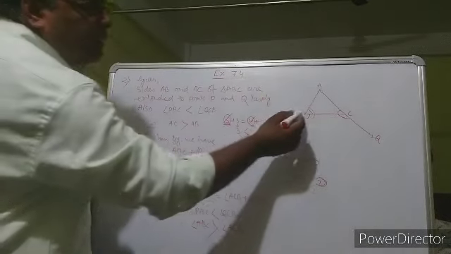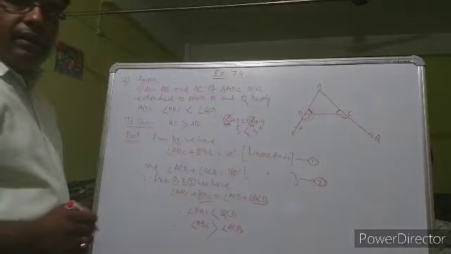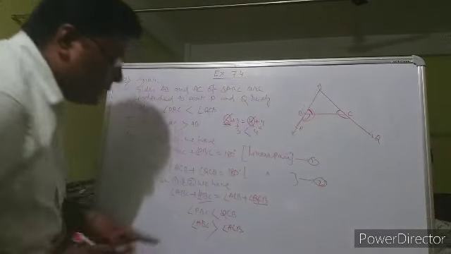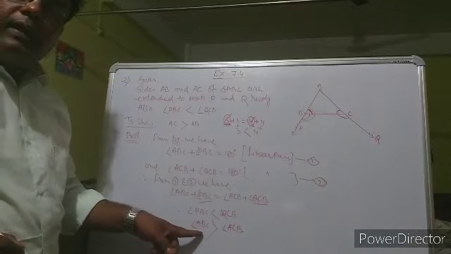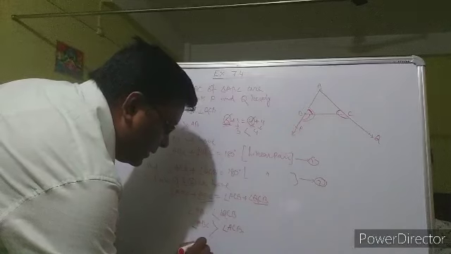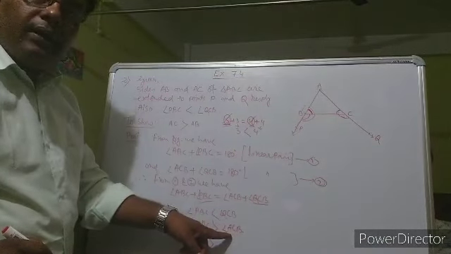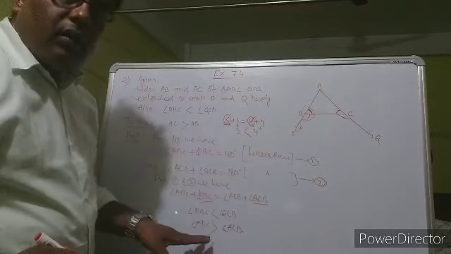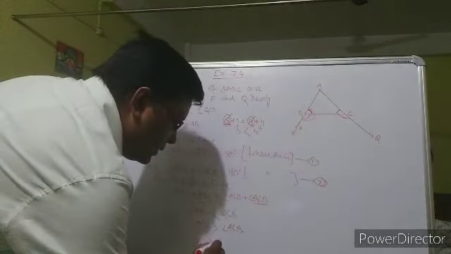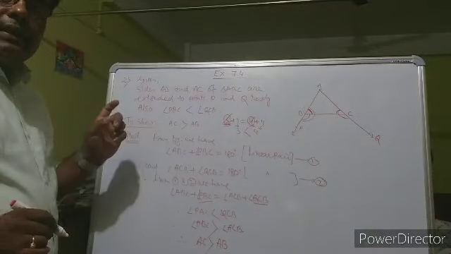That is, angle ABC, this angle B, becomes greater than angle C. Therefore, the side opposite to angle B, that is AC, is greater than the side opposite to angle C, which is AB. That is, we get AC is greater than AB.